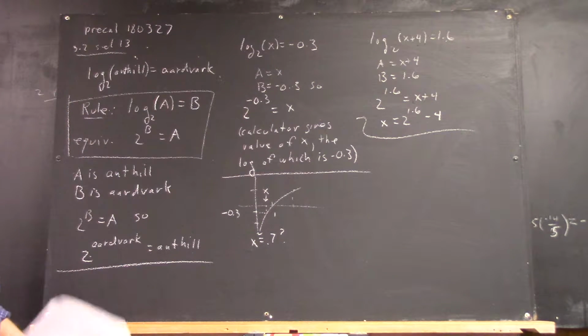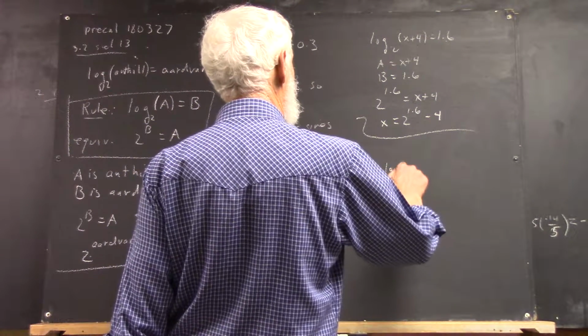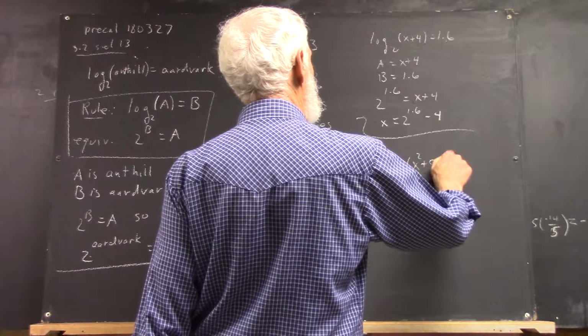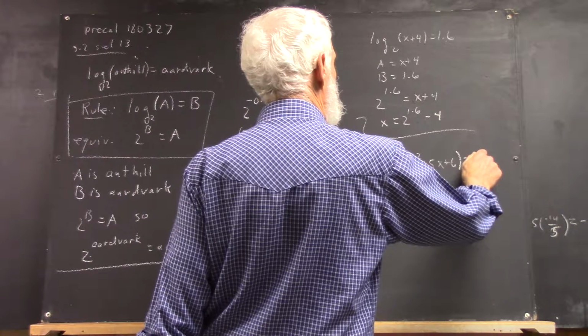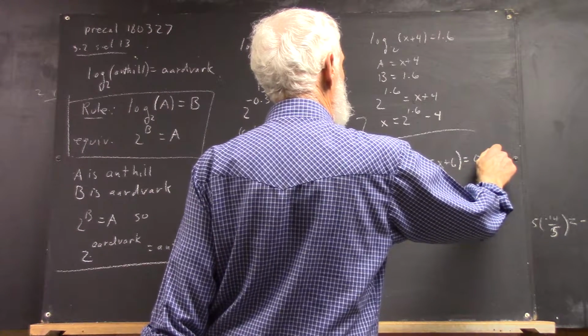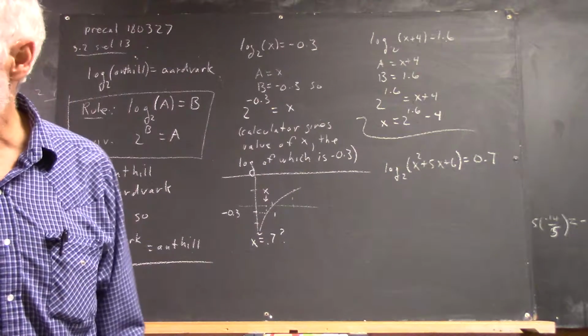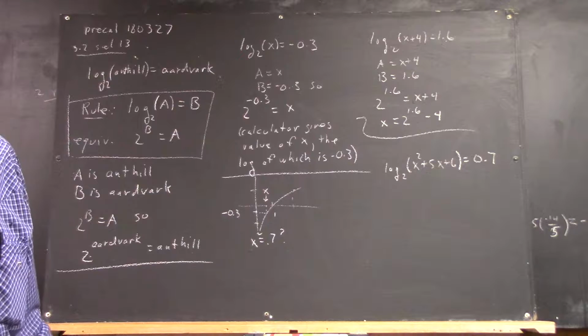Now what if I had log base 2 of x squared plus 5x plus 6 equals 0.7? Well, you just do the same thing.